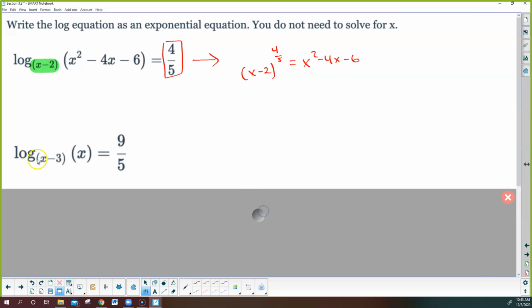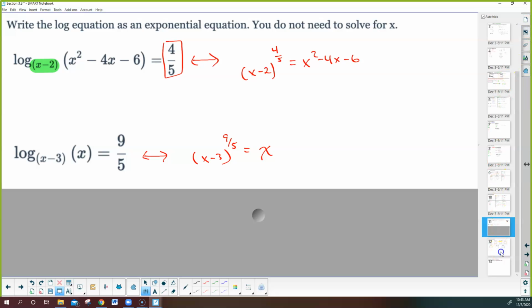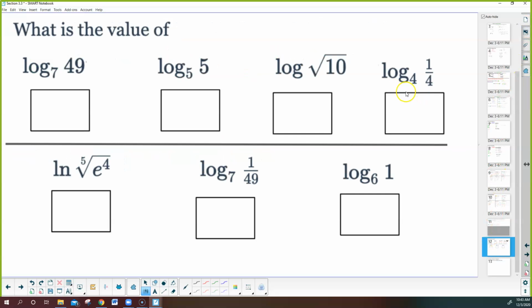Okay, so same thing here. Here's my base, x to the third, to the power of 9/5, and that has to equal whatever we're taking the log of. Now, eventually, we're going to get into solving these, but that isn't until a couple days. And we don't need to do these.